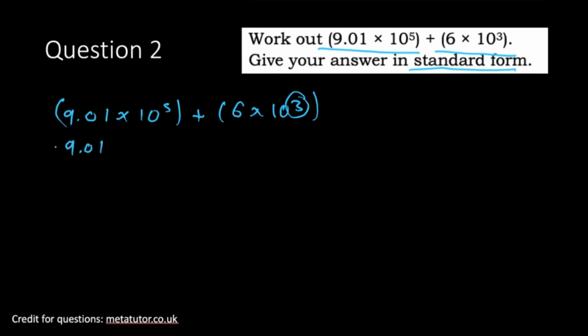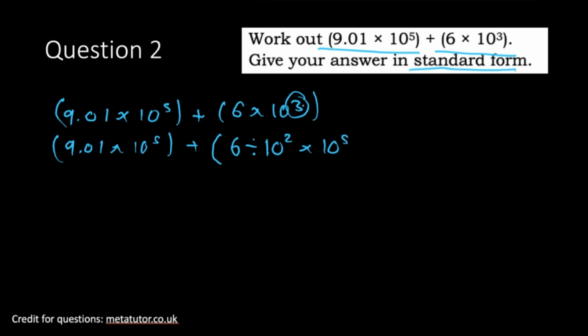So 9.01 times 10 to the power of 5 plus, since there's a difference of 2 between 10 to the power of 5 and 10 to the power of 3, you divide 6 by 100. It's literally like saying 6 divided by 10 to the power of 2 times 10 to the power of 5.